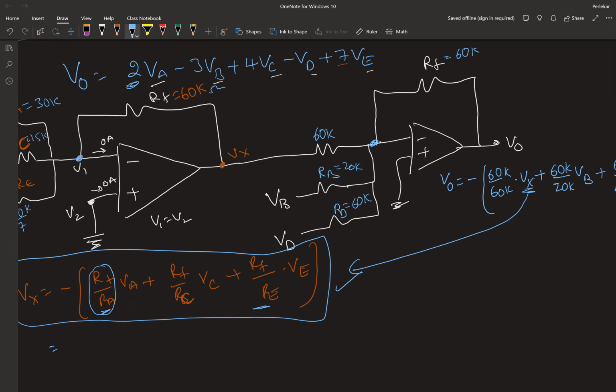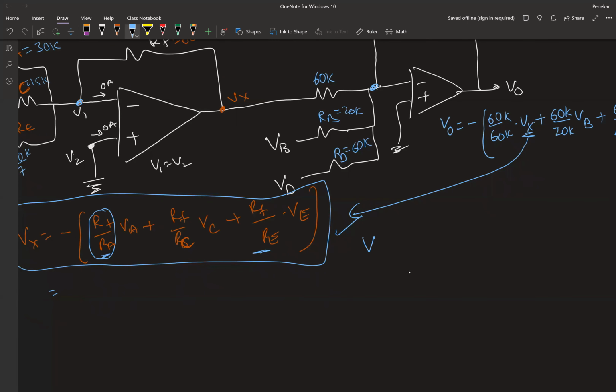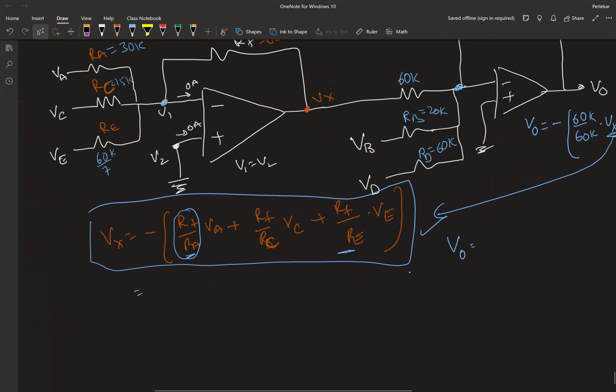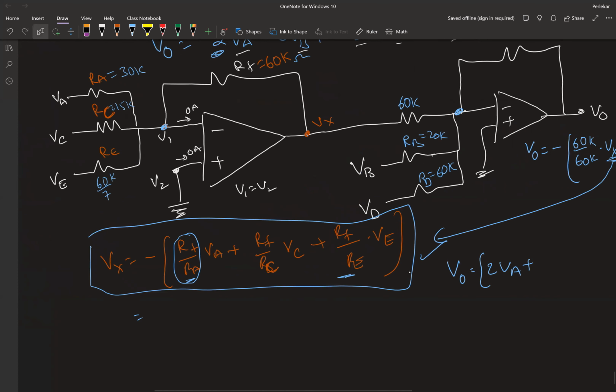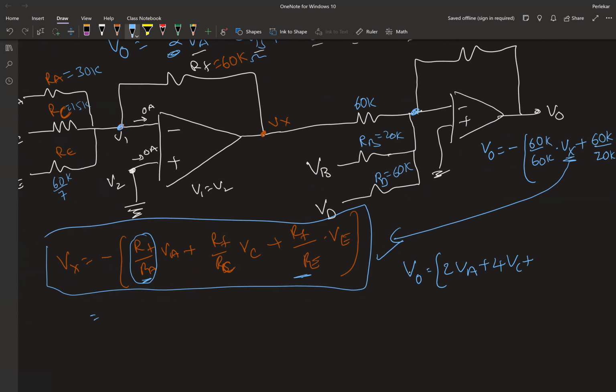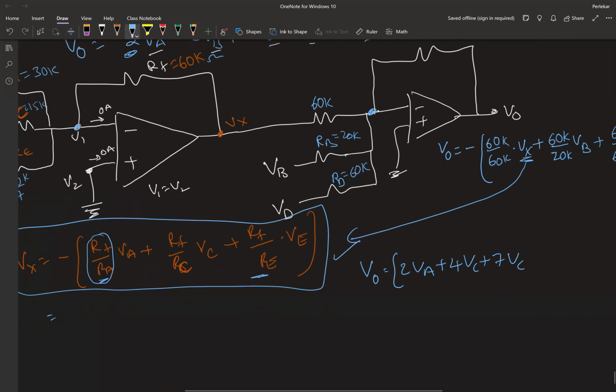Vx has a negative value, so negative of negative is going to be positive. So RF is 60 divided by RA is 30, and that value is 2 VA, plus RF over RC, RF is 60K, RC is 15K, which is 4 VC, plus 60K divided by 60K divided by 7, which is 7 VE.